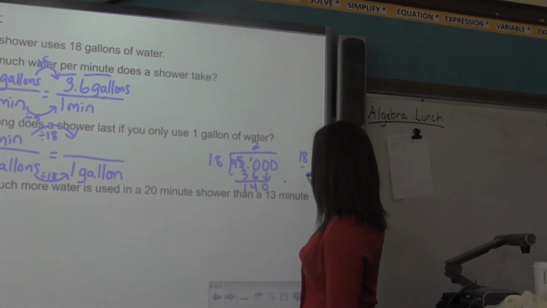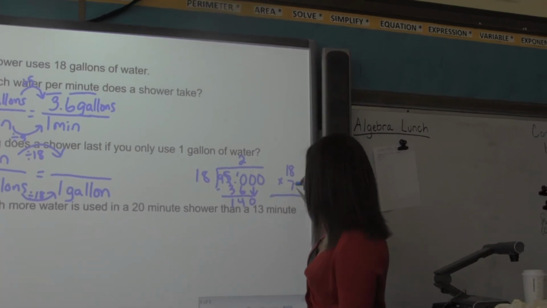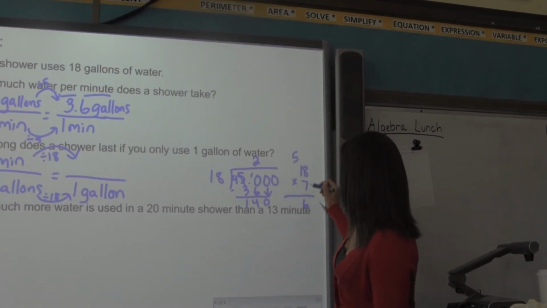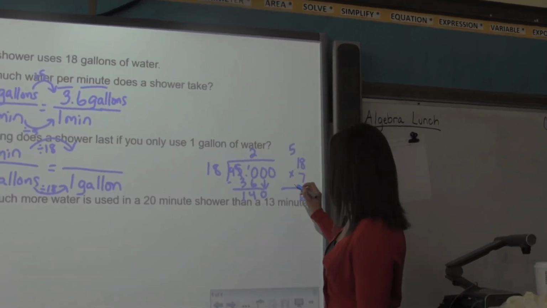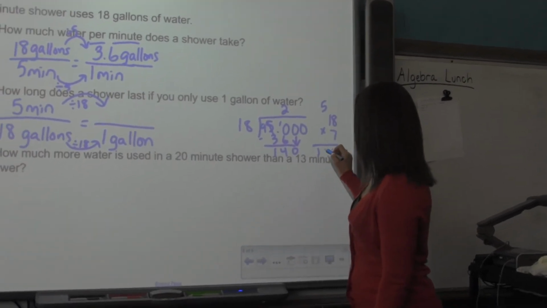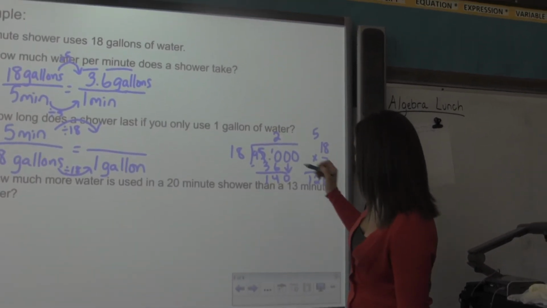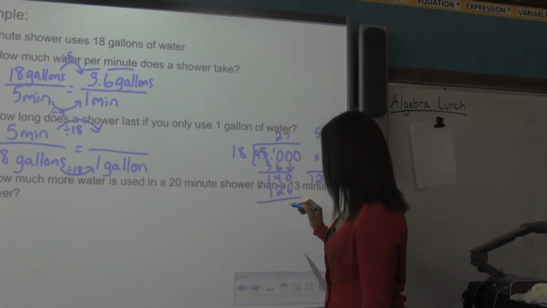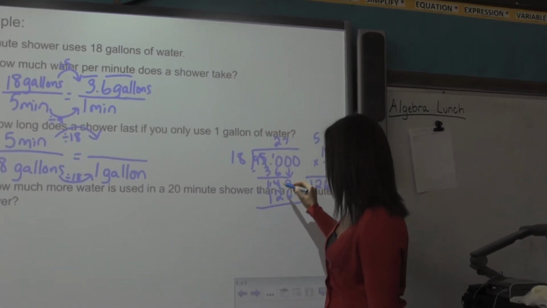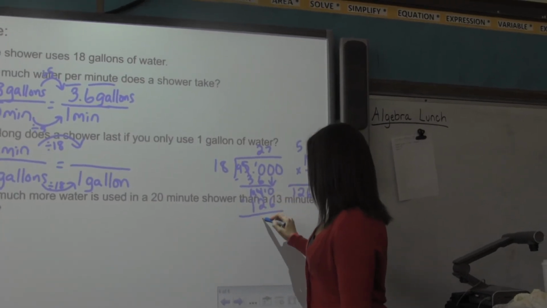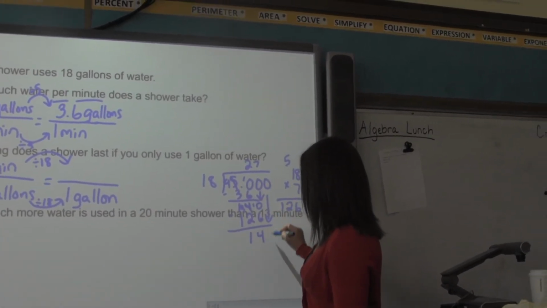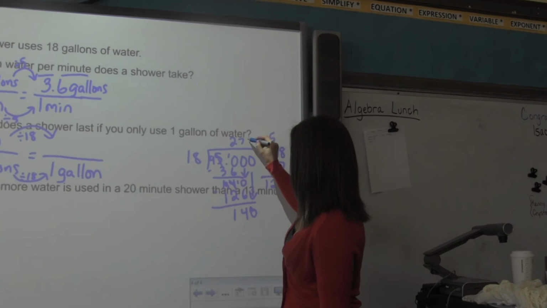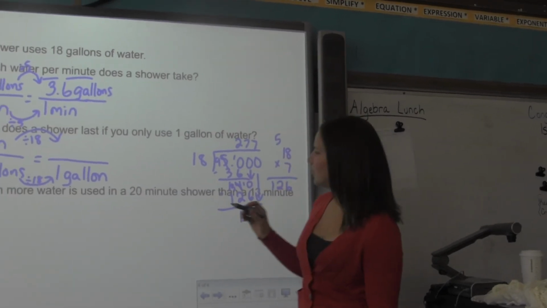Yeah, 18 times 7: 56, and 7 times 1 is 7, plus 5 is 12. 126. And I'm left with 14 again. And it would be 7 again.